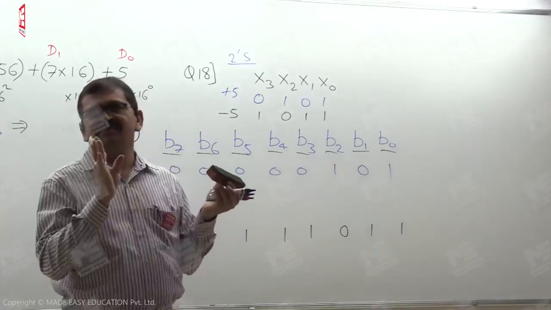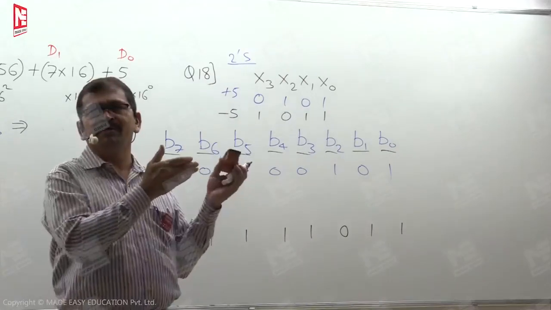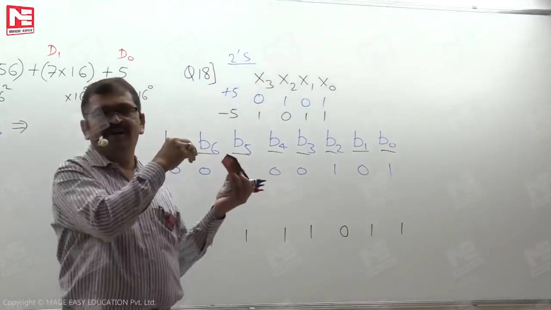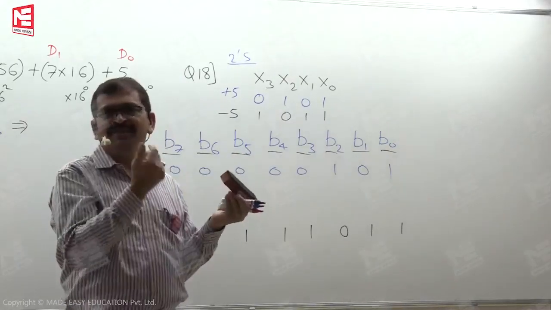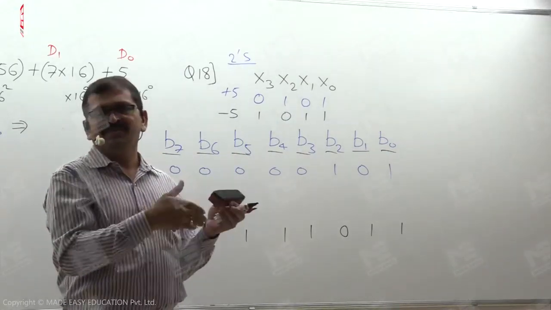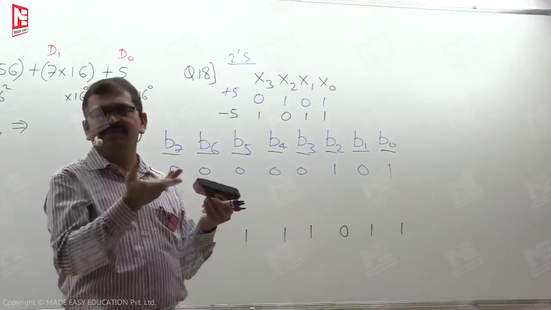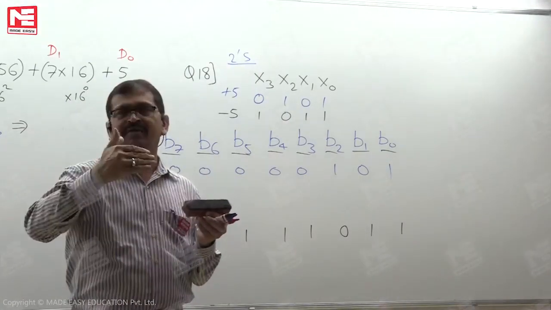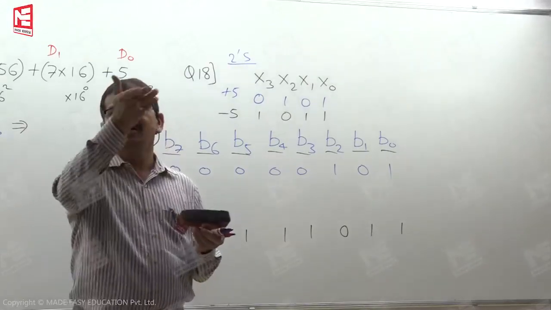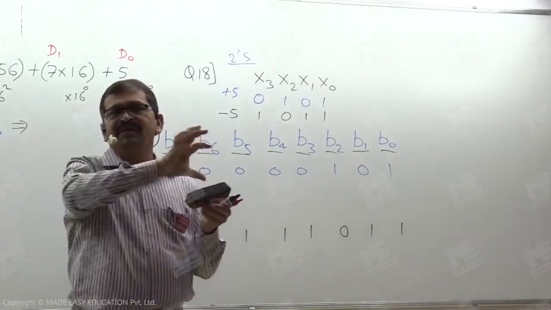Once the arithmetic operation of this number is possible in the 4-bit processor, definitely it is possible even in the 8-bit CPU. So it is as good as upgradation. In a simple way, the question mentions the 4-bit data x3 to x0, and when it is copied to 8-bit, what is its representation?